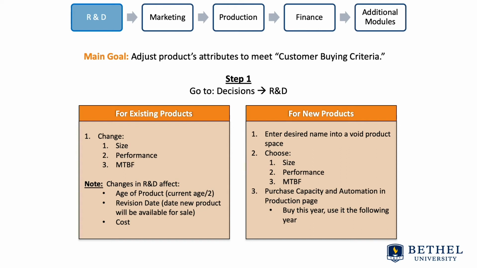And also, when you make changes to a product, it will give you a revision date. Remember that those changes will not go into effect until that revision date. So you'll make changes and you'll think, oh, all next year our products are going to sell at those new characteristics, but they don't. They don't start selling at those new characteristics until you reach the revision date.